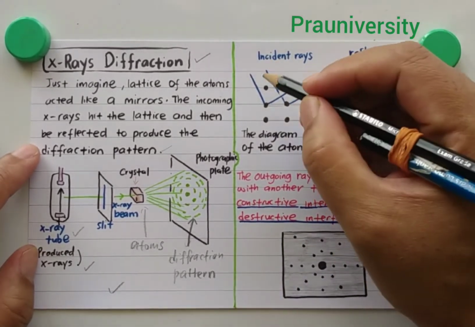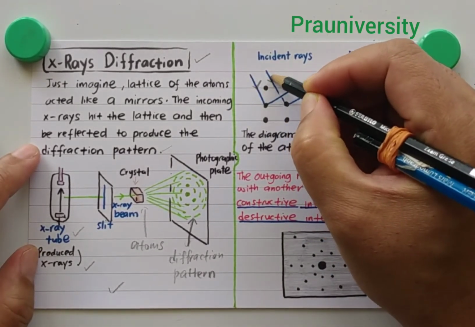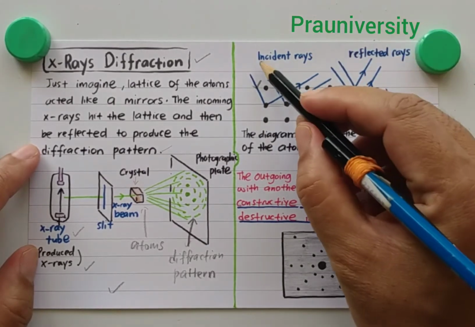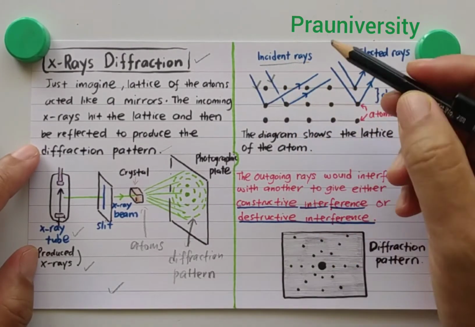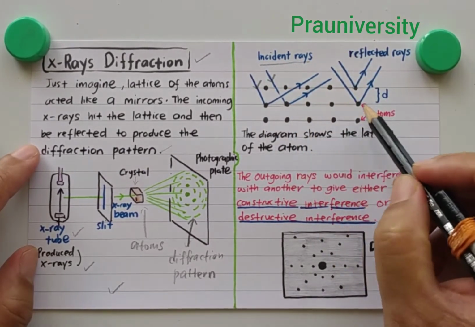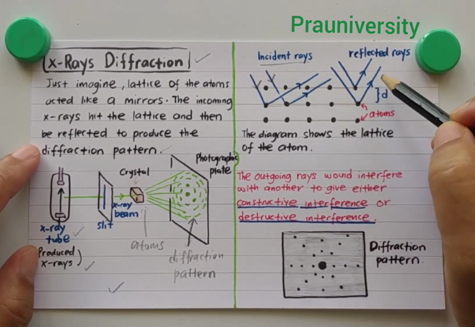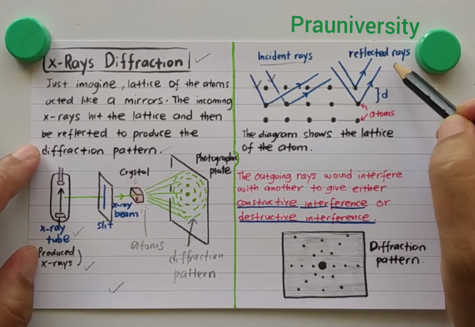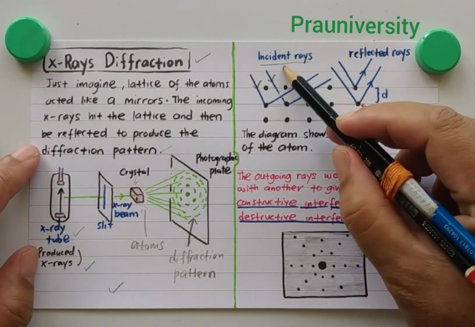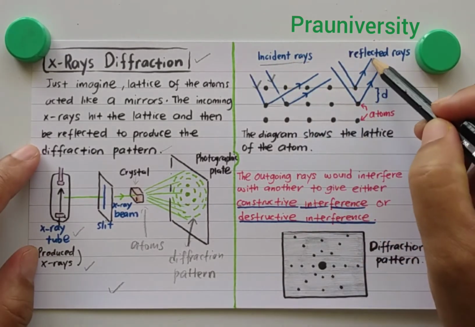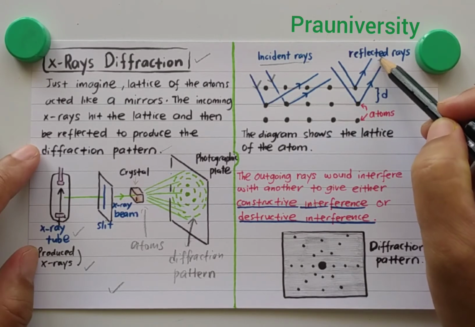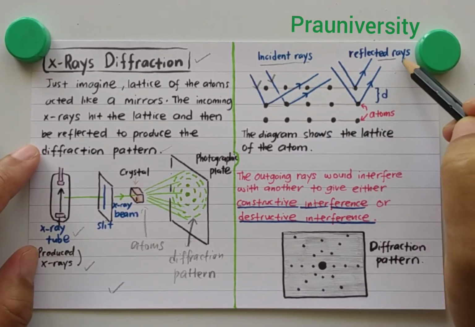Here are the incoming rays. The incoming rays are actually the incident rays, and then they hit the atom. And then what happens? They produce the reflected rays. Incident rays, the incoming rays, produce the reflected rays, the outgoing rays.